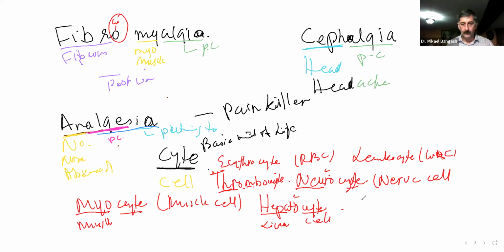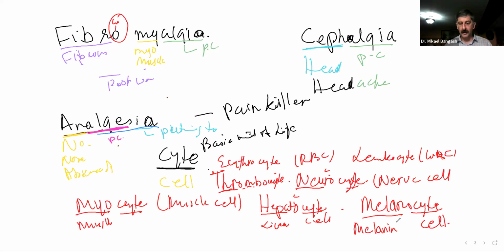Another one is melanocyte. Here cyte is cell, and melan is short for the substance called melanin, which is the pigment. The O is your combining vowel.